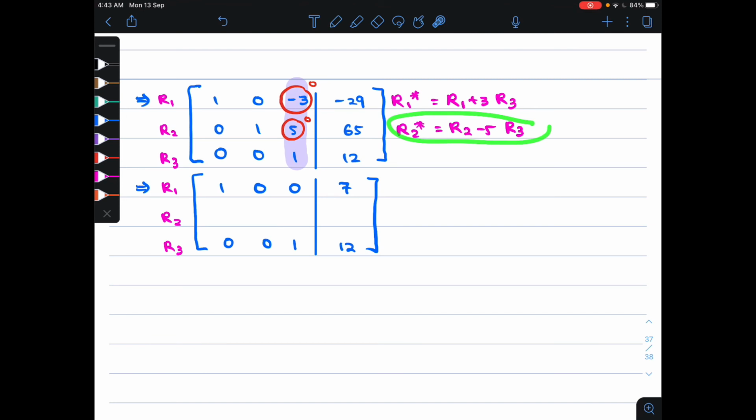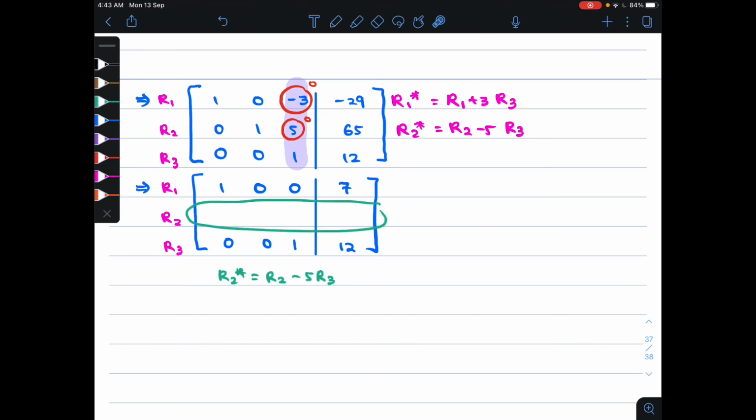What about the new R2? For the new R2, we only need R2 and R3. So, jangan tengok lagi dah R1. Kamu tengok R2 dengan R3 sahaja.